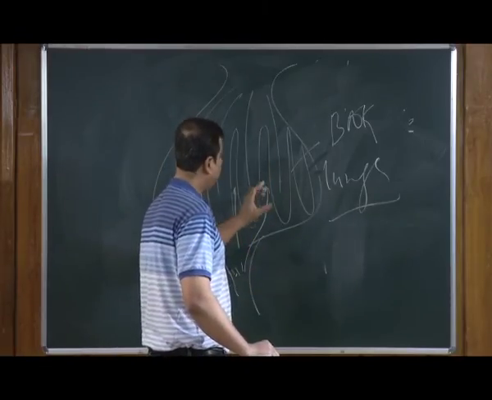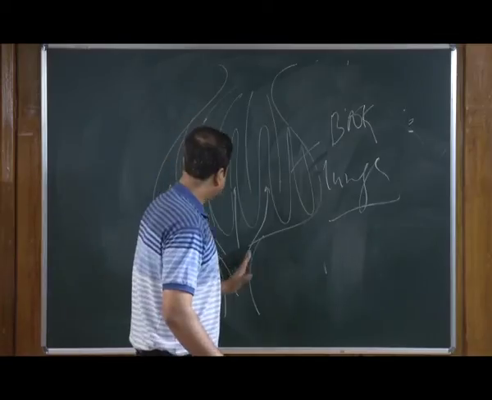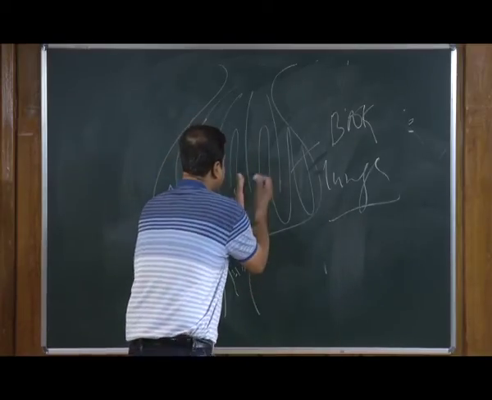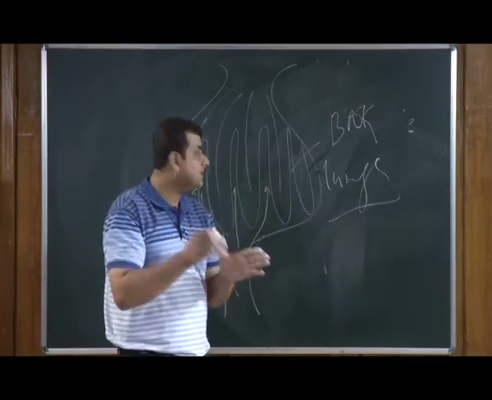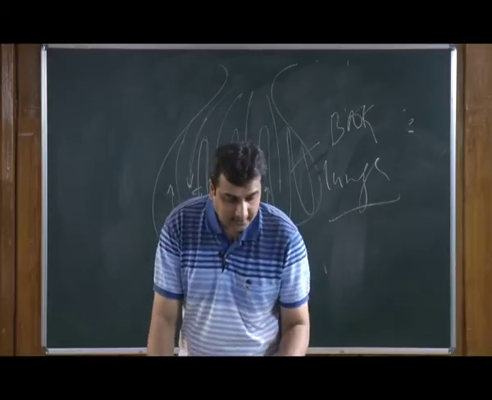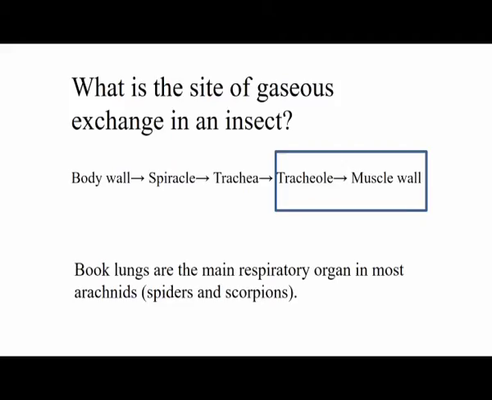These have very thin walls, and since there is one passage of air and on the other side the blood is coming, because of this anti-parallel mechanism the things are getting exchanged here. So, book lungs are the main respiratory organ in most arachnida. In the class Arachnida we have spiders and scorpions.